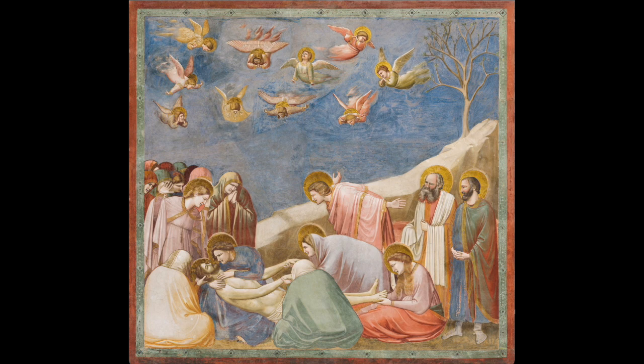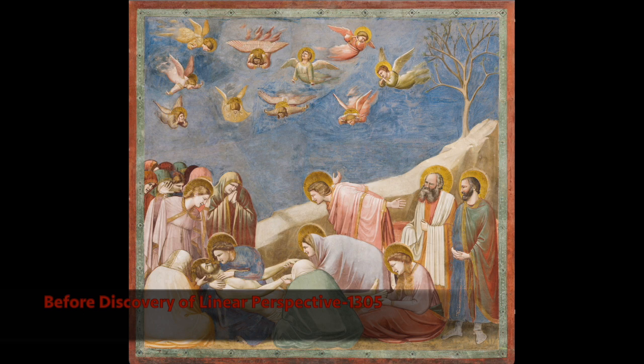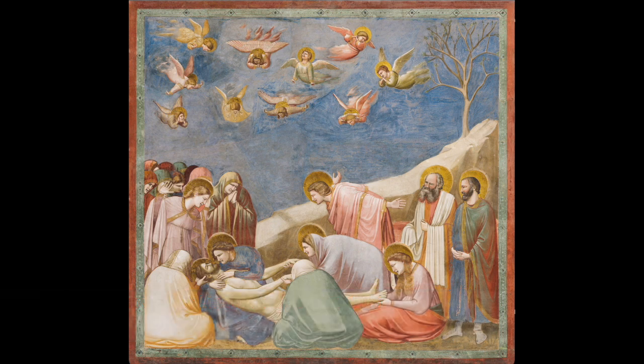This often resulted in flat-looking pictures that did not look real. This is Giotto's famous fresco, Lamentation or the Mourning of Christ, painted around 1305, which illustrates this lack of perspective or depth. Linear perspective tries to recreate the way humans perceive depth.